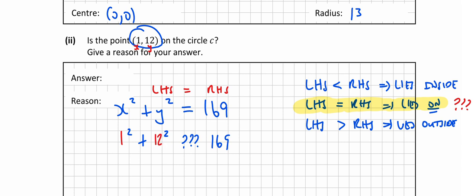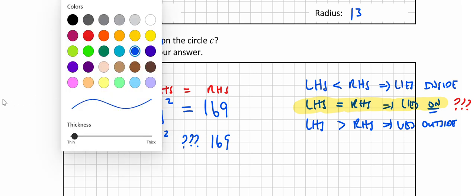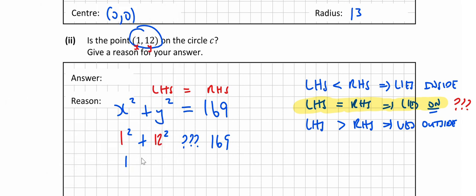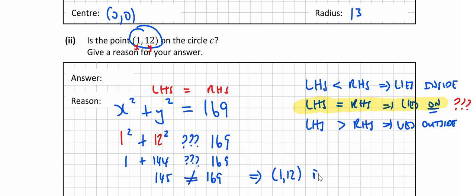You can put in brackets if you like, but they're positive numbers, so that can go straight in. And we get 1 plus 144. Is that equal to 169? It's 145, which is not equal to 169. So that means that (1, 12) does not lie on the circle, because it's not equal.